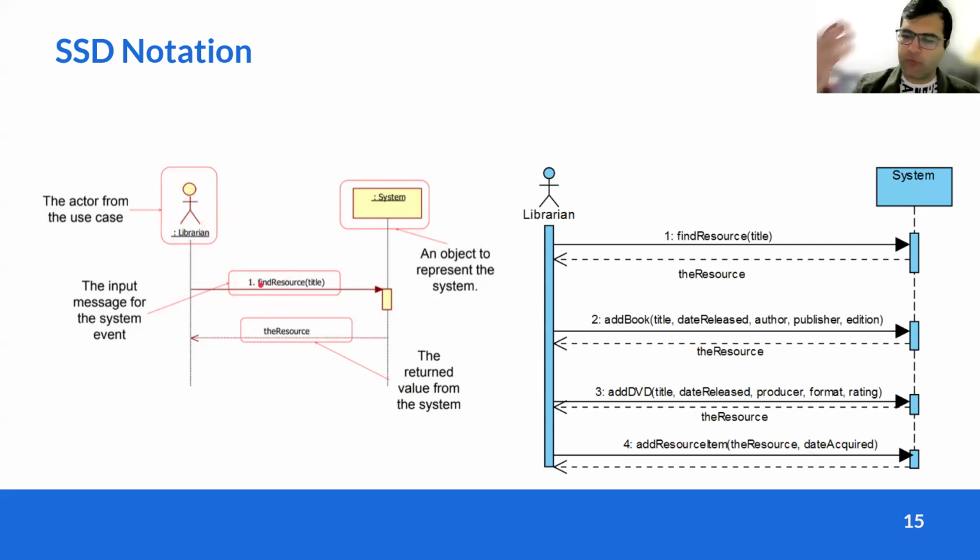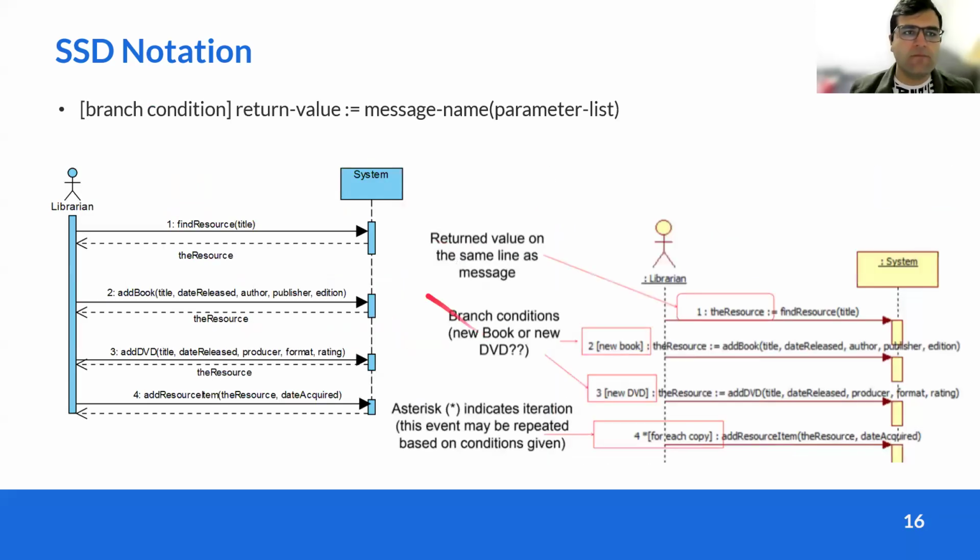You enter information into the system. So you record input messages with a solid line, and you number them. The system responding is a return message, return values. Those are recorded with dotted lines.